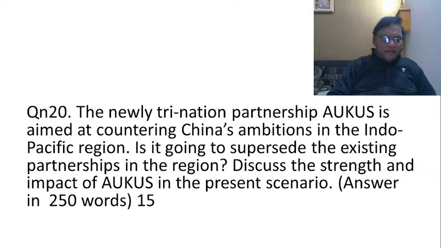So America has said that this AUKUS will not have any kind of conflict with other alliances. In this region, we also have ASEAN. Then we also have other economic alliances also.